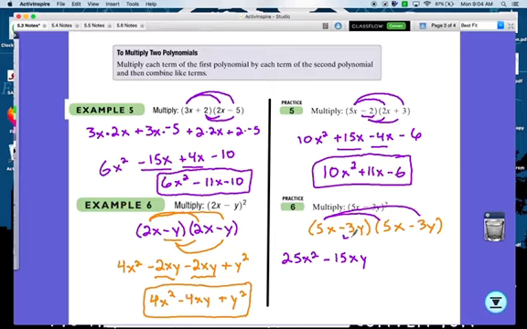Then we come through and multiply the negative 3y through. Negative 3y times the 5x gives me another minus 15xy. Negative 3y times the negative 3y gives me a positive 9y squared. Combine like terms and you end up getting 25x squared minus 30xy plus 9y squared.